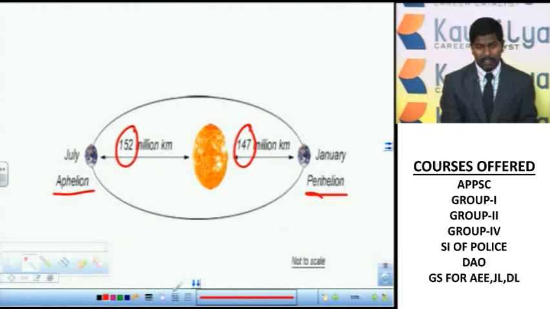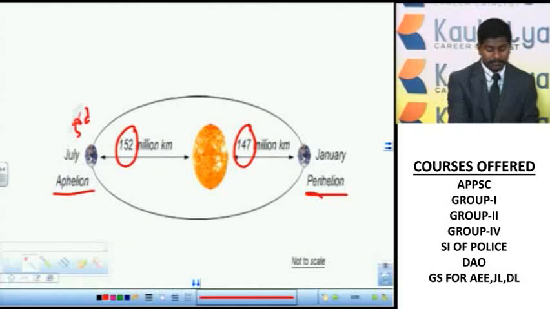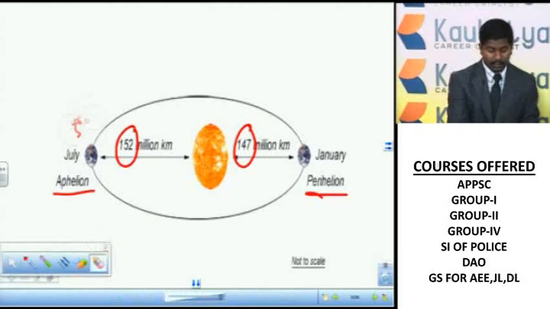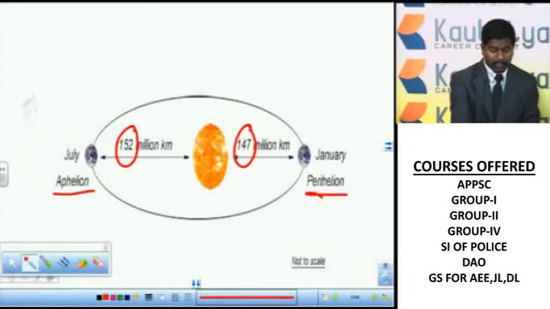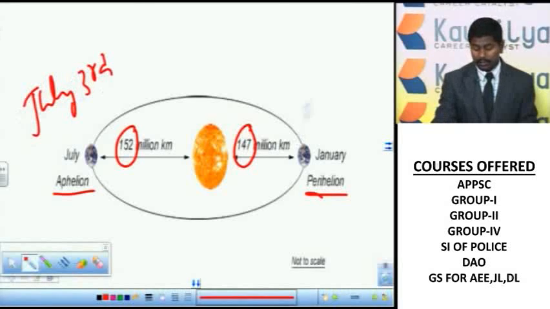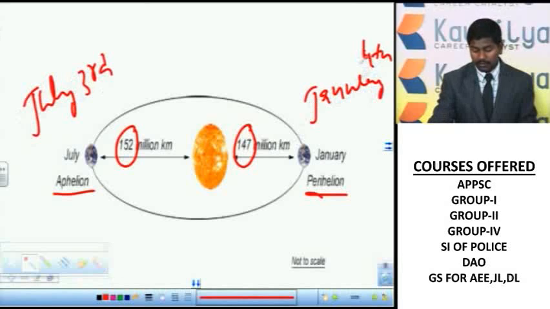Aphelion occurs around July 3rd, whereas perihelion occurs around January 4th every year. That is how on one day there is maximum distance between the sun and the earth, and on the other day there is the shortest distance.